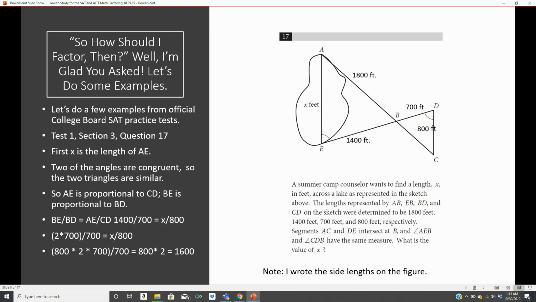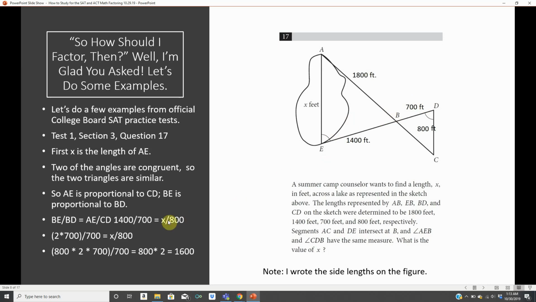All right, so BE over BD is equal to AE over CD. So then we know that BE is 1400 over BD, which is 700. Oh, okay, that's just 2. And proportion to AE over CD, so that's going to be something over 800.